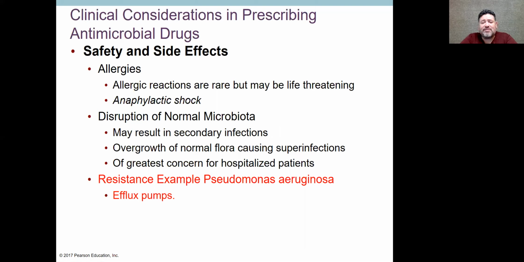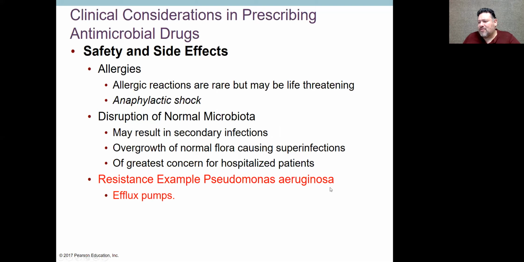And the way they can do this is by using efflux pumps. In other words, it takes the antibiotic as it diffuses into the cell and it pumps it out. And so the antibiotic doesn't get an opportunity to do anything. So this is one of the scariest outcomes.